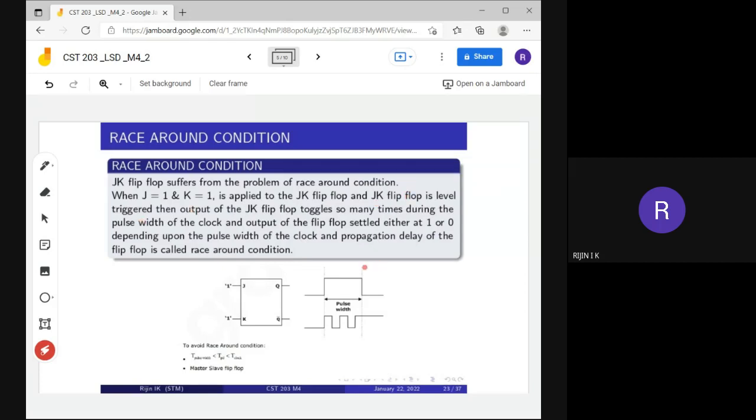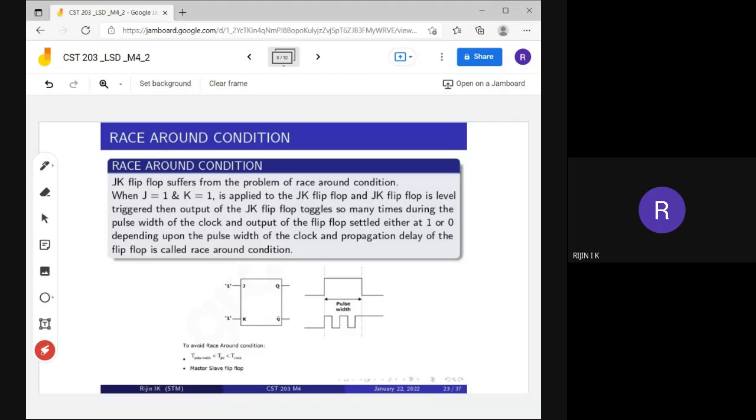Then the output of the JK flip-flop may toggle many times during the pulse width of the clock, and the output settles either to 1 or 0 depending upon the pulse width of the clock and the propagation delay of the flip-flop.